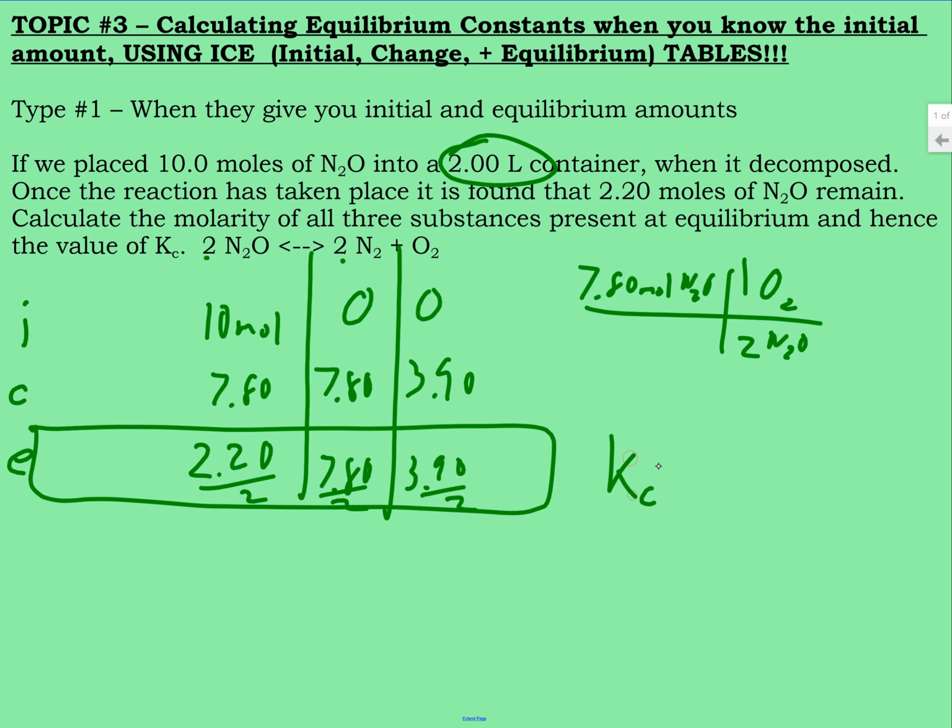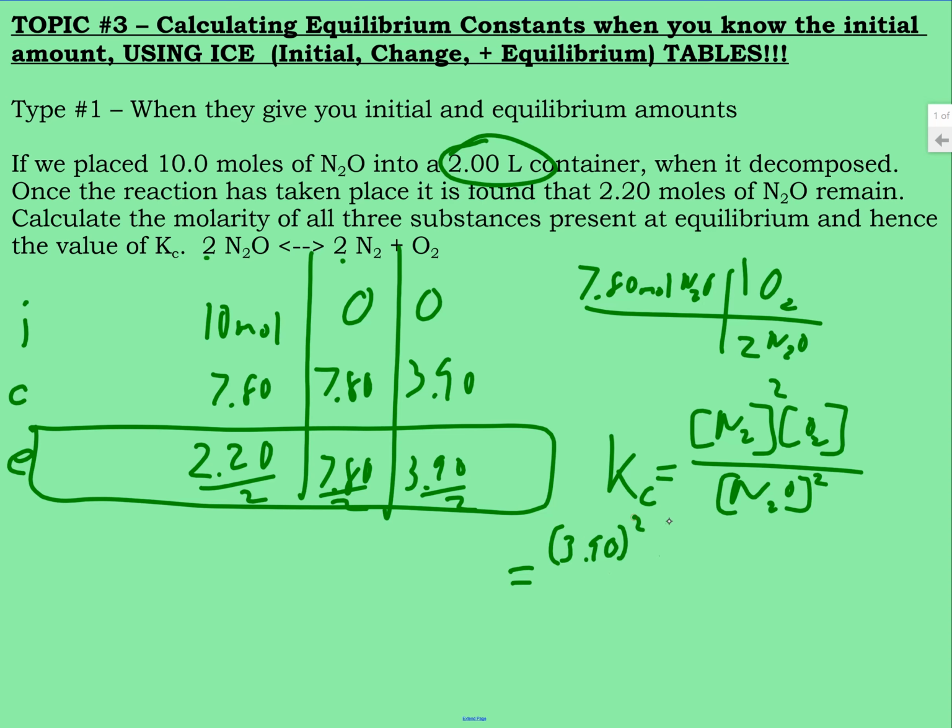So I can find Kc. It's products over reactants, with the coefficients as exponents, there's a 2 there, a 2 there. I plug in my values. Nitrogen, I have 3.90, my concentration squared.